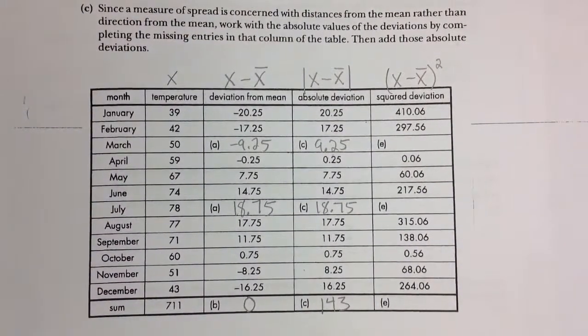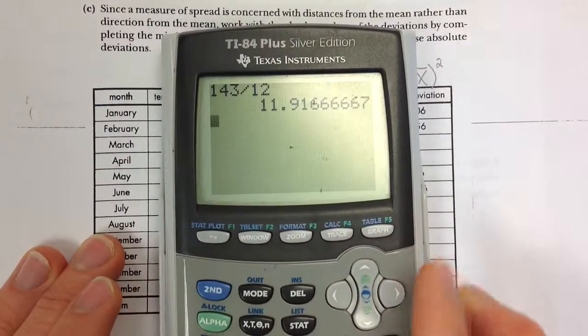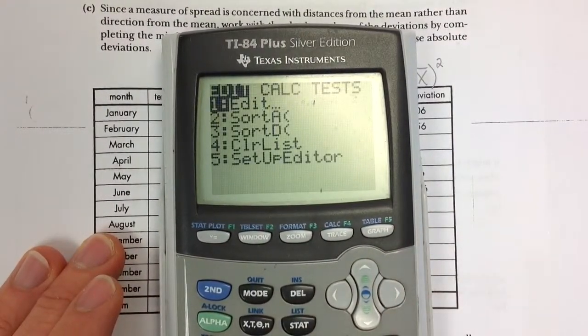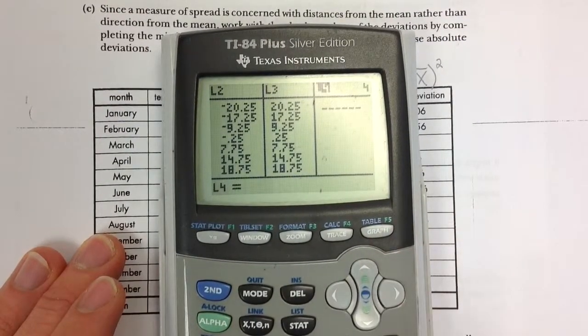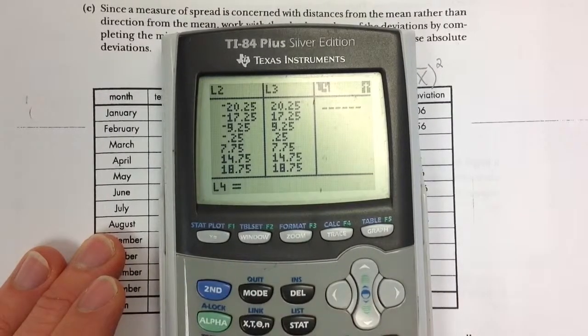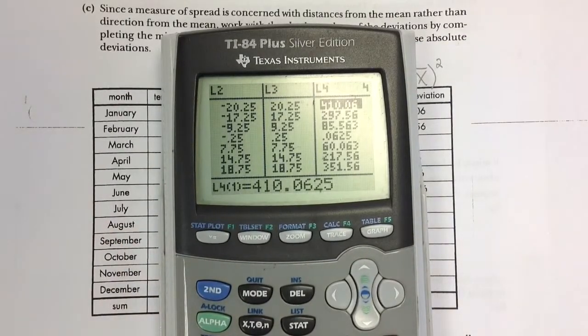Again, let's use our calculator. We're getting some good practice here on using list operations. Hopefully you can figure this out by now. We can simply square L3. And that will get us the square deviations from the mean.